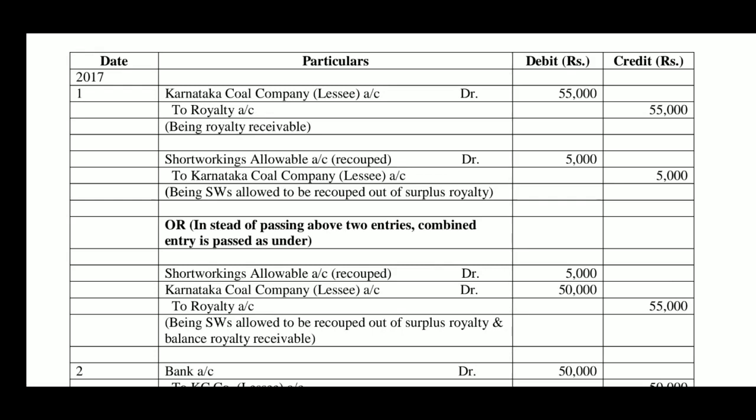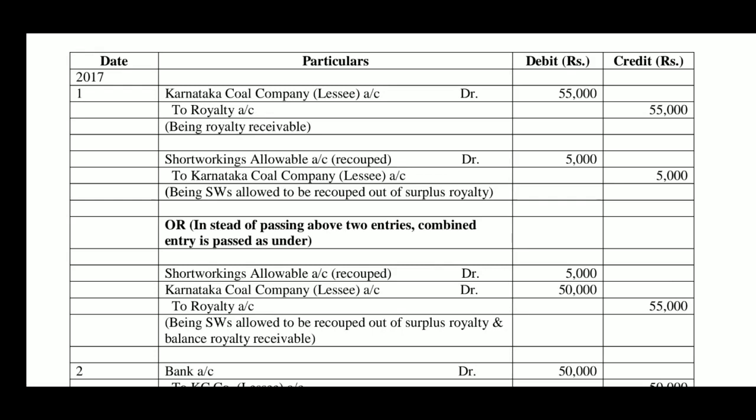So, here as in the case of the lessee, the lessor also has two options: to pass two entries, or a combined entry may also be passed. Let us see two entries, that is firstly actual royalty is receivable, then with the amount of short workings recouped, a second entry is passed, or a combination of these two entries may also be passed.